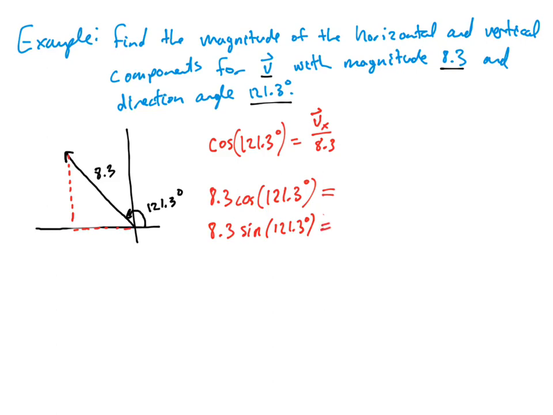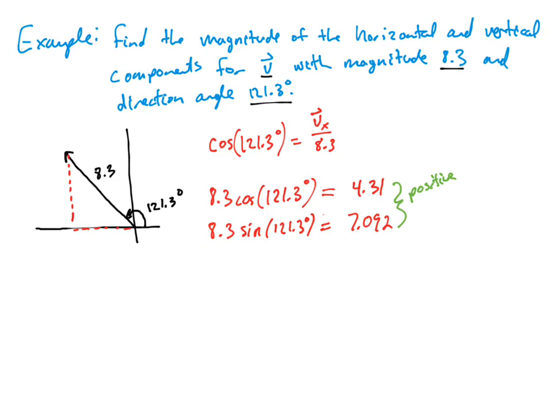So type both of these into the calculator, and for the horizontal I'm going to get about 4.31, and for the vertical I'm going to get 7.092, let's call it.